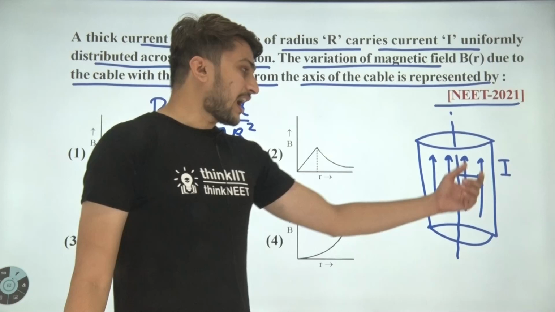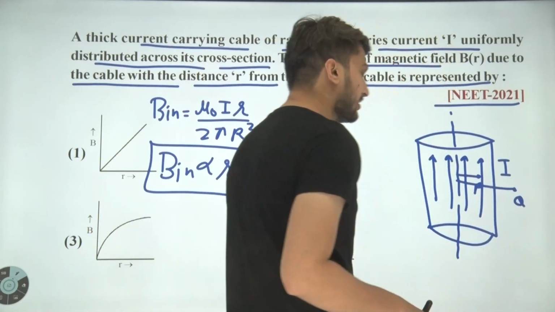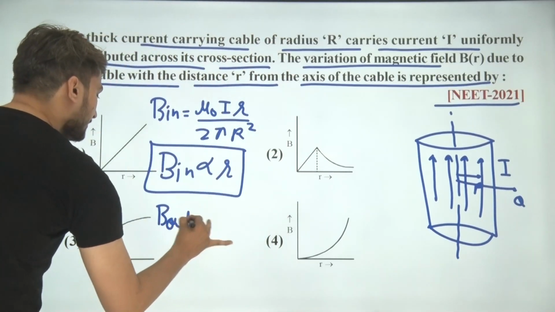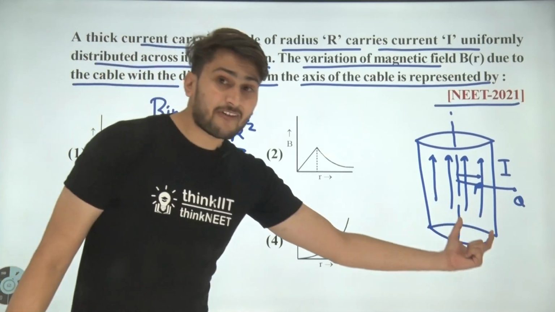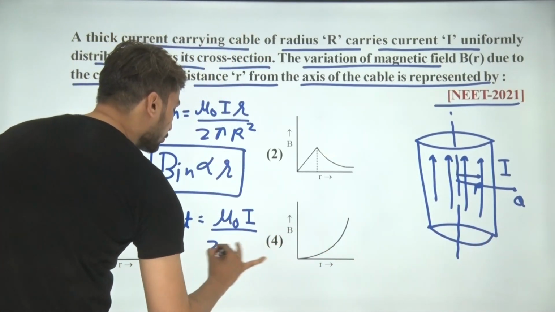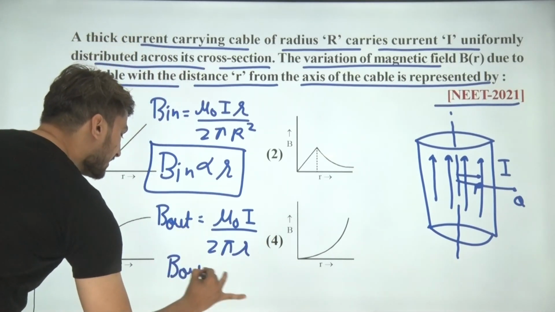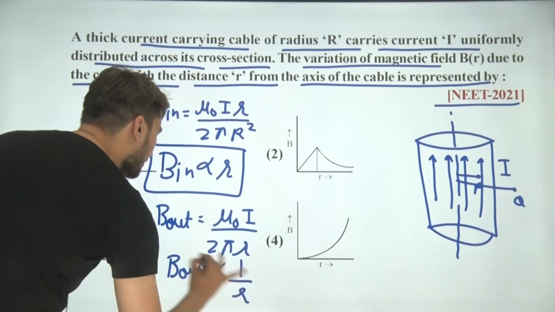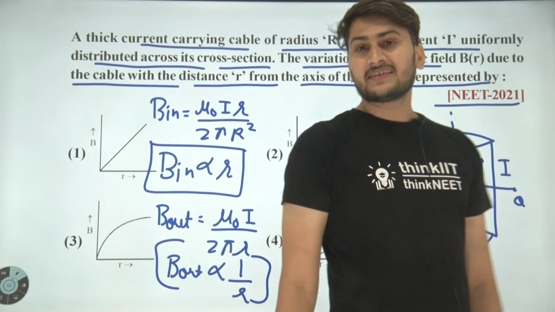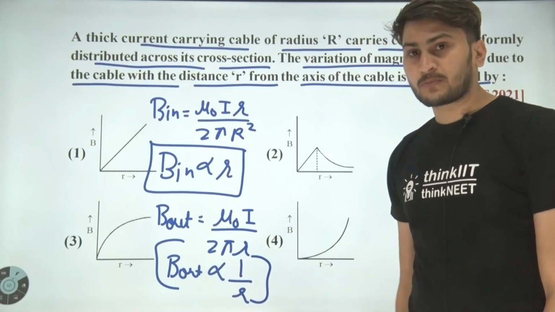Now let there be a point Q outside. The magnetic field outside due to the cylindrical wire is mu naught I upon 2 pi r. That means B outside is inversely proportional to r. So inside it is directly proportional to r, and outside it is inversely proportional to r.